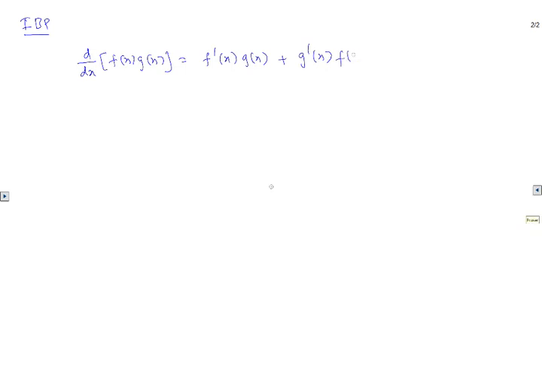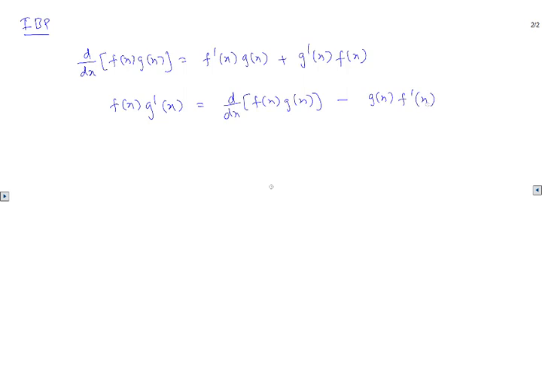That's the product rule. Now we're going to move the terms around. So we can say f(x) g prime x equals d over dx of f(x) g(x) minus g(x) f prime x.